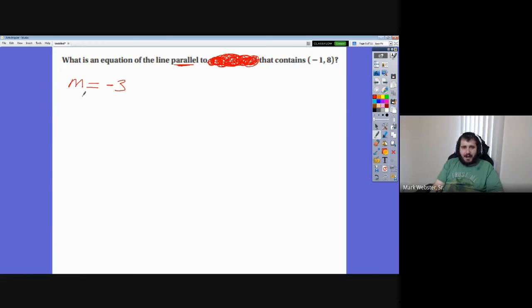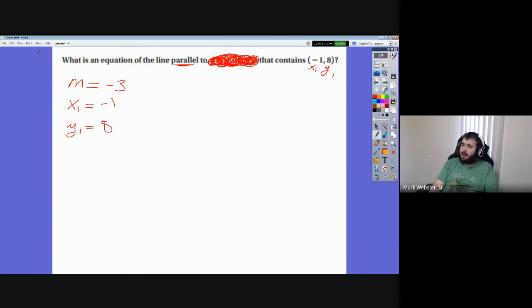Well, I know I needed m, but if I'm going to put it in point slope form, what else do I need? I need x1 and I need y1. Notice all I'm going to do is, well, here's my x1, here's my y1, right? So let me write that out. Well, x1 is -1, y1 is 8. Well, now I've got my m, my x1, my y1.